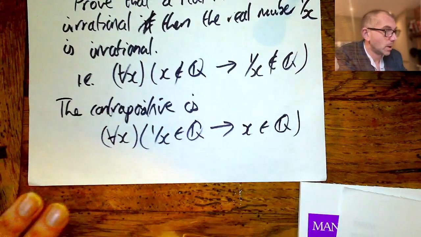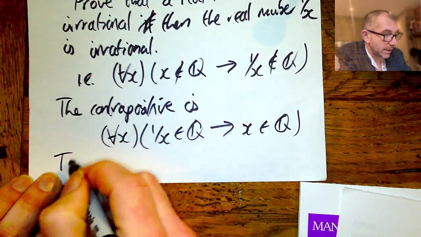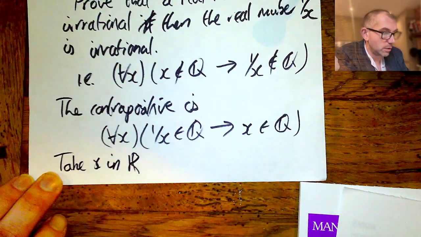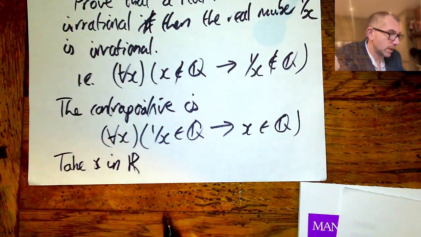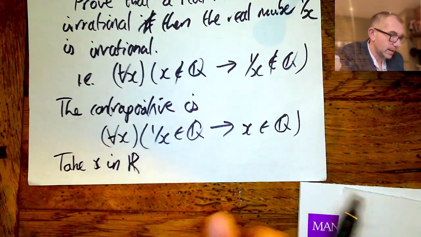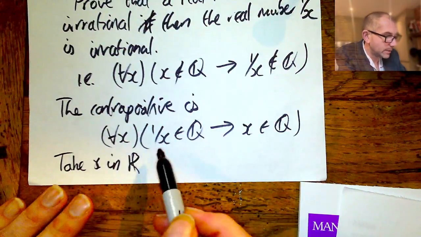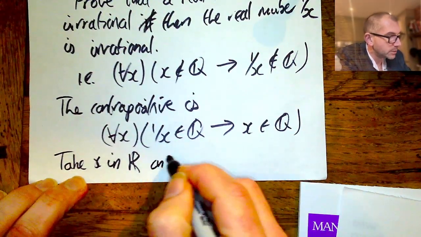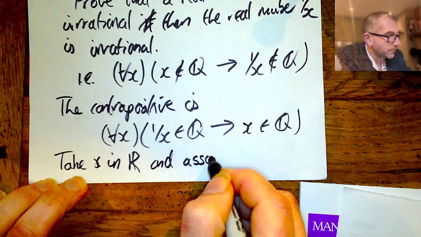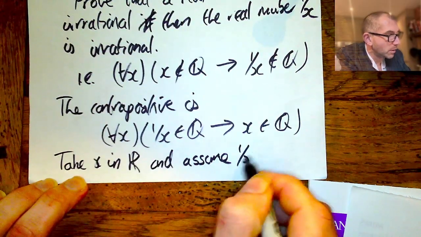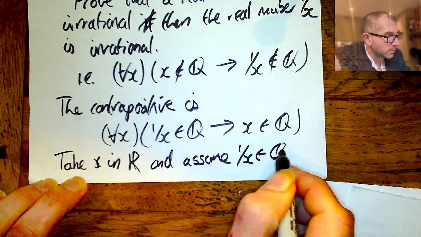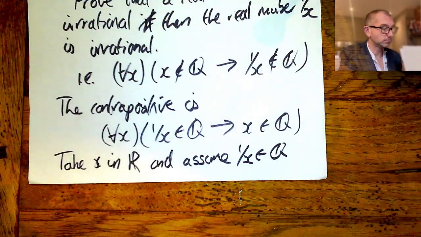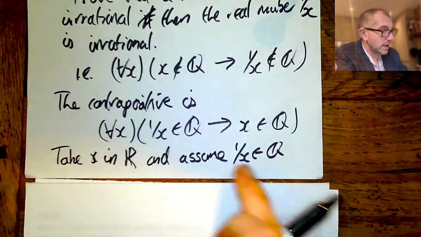Okay, so take x in the reals, always the same. Take an x, just imagine you fixed it in your head, and then assume that this is true, and assume 1 over x is in Q. Right, well, what does that mean?